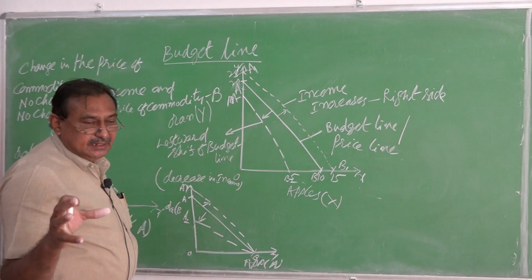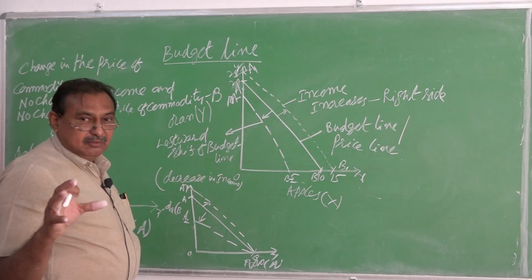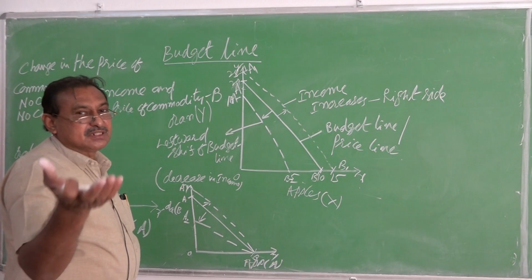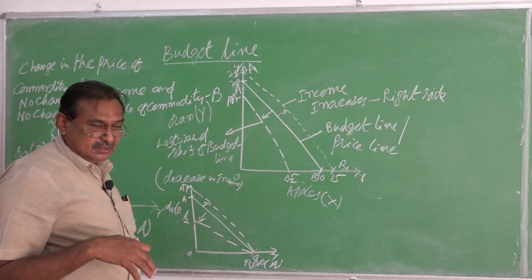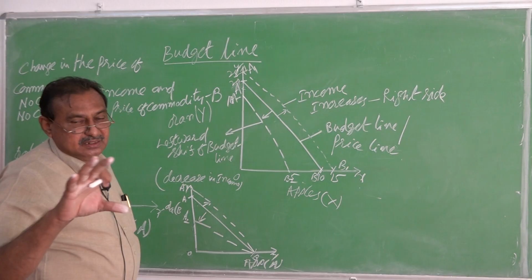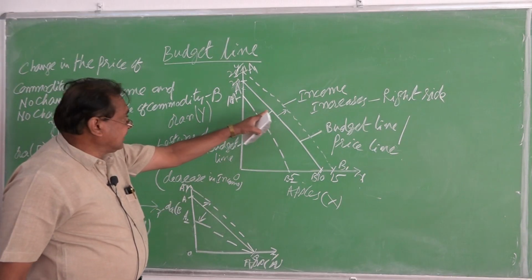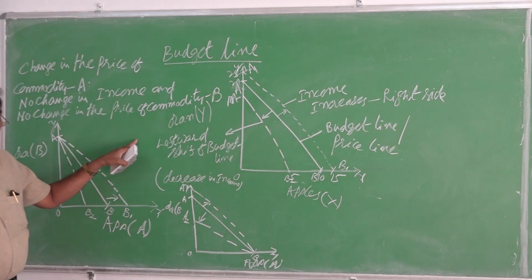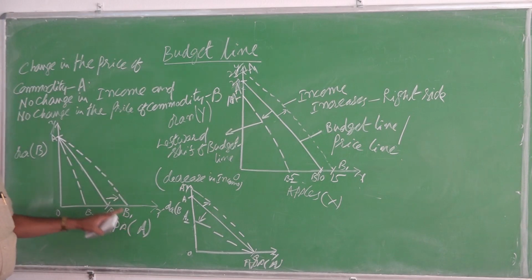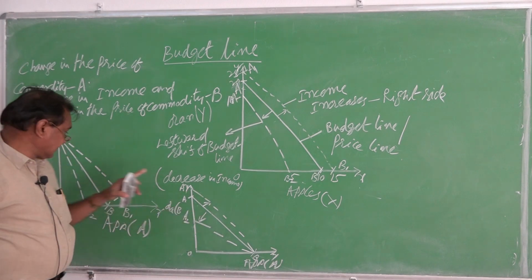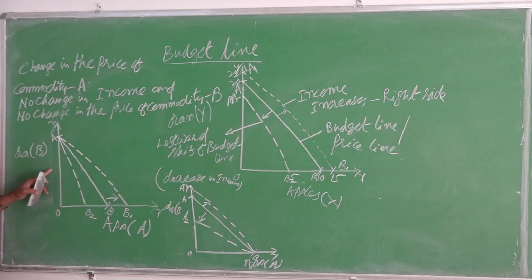How the budget line will shift towards the right or towards the left, or change in the budget line. The question may be asked in different ways. This diagram. Then another diagram, due to change in the price of commodities, maybe commodity A or maybe commodity B. Commodity A, two versions. If the price of commodity A decreases, he can purchase more.